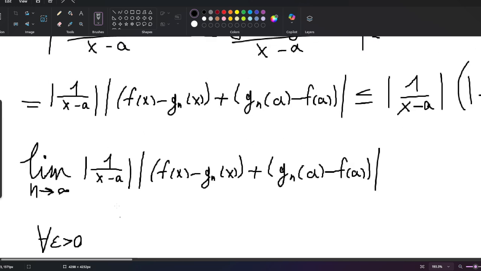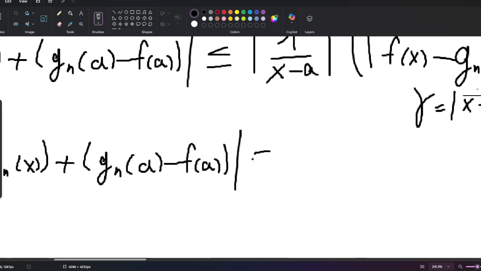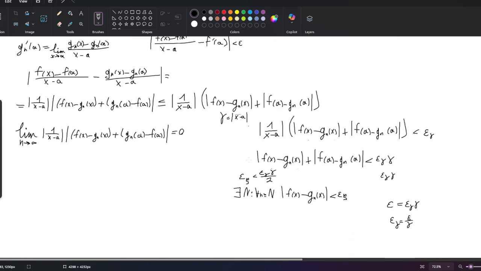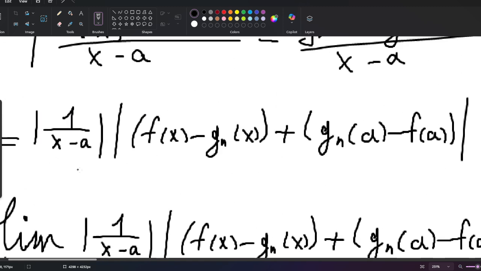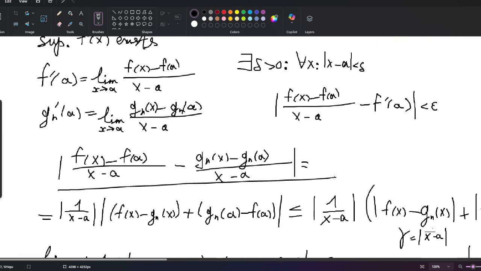In other words, this limit over here approaches 0. So what does this imply? This essentially implies that this thing over here approaches 0.